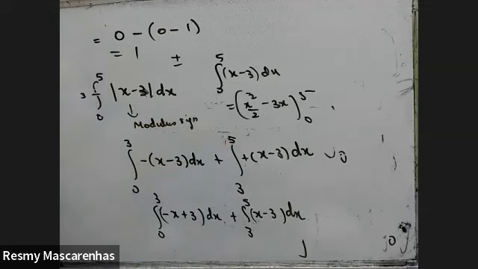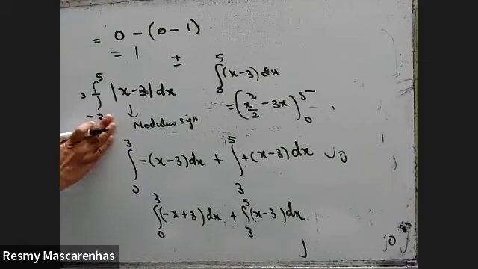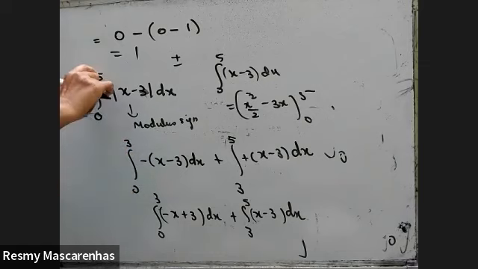What is the limit given? 0 to 5, no? So I have to split. From here to here, I am getting negative. If this was given as minus 2, I have to take this from minus 2 to 3. So I'm just splitting the limit into two parts. 0 to 3 is the first half and 3 to 5 is the second part. Okay, teacher.